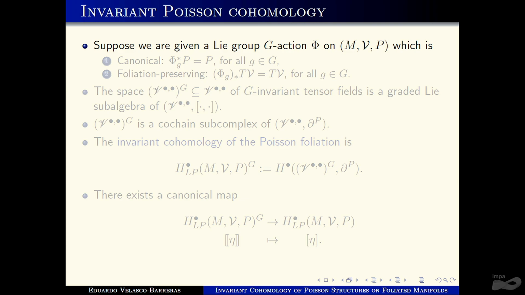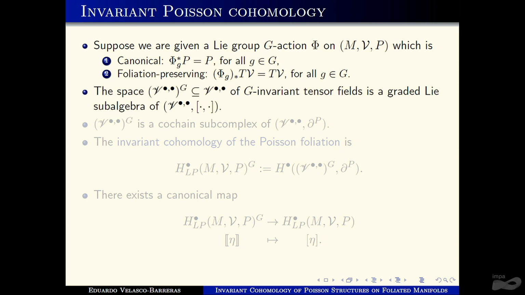Now, let us consider again a Lie group acting on the Poisson foliation in a canonical and foliation preserving manner. Here, we consider the subspace of the invariant tensor fields, which, since the action is foliation preserving, turns out to be a graded Lie subalgebra of this B-graded Lie algebra.